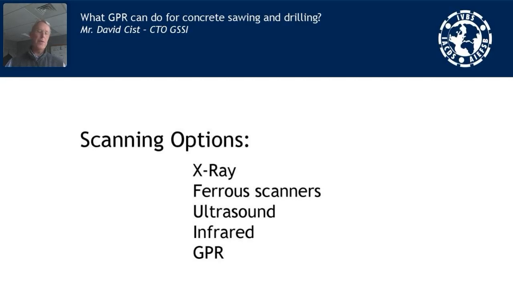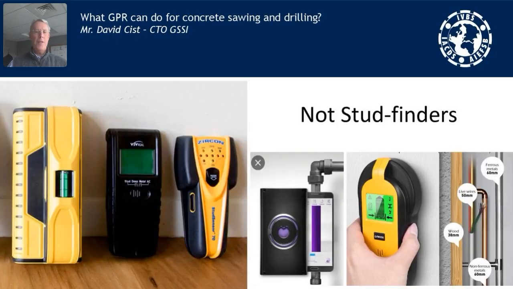There's ultrasound, which has been used for many years. It's sort of the first cousin of GPR. And there's infrared mapping. What we're not talking about are stud finders. There are plenty of stud finders you can buy for $20 or whatever currency you're in, and find things through plaster walls. And they're great, and I have several. But if you're trying to cut into concrete, these will not work. They don't penetrate deep enough.